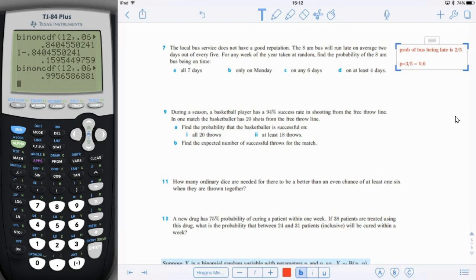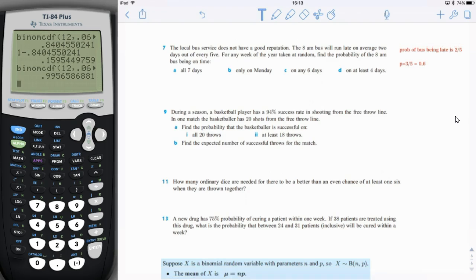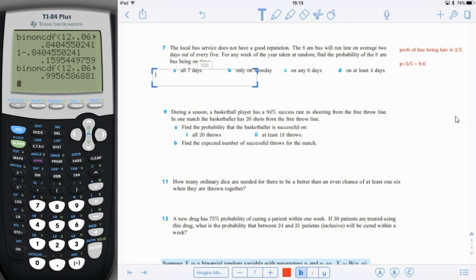So we're going to use probability equals 0.6 for all of these. Now, on these examples, what's varying is the number of trials and the number of successes. For the first one, it asks what's the probability that the bus is on time for 7 days in the week. That would be n equals 7. We want the probability that x is equal to 7 for the whole week, right?